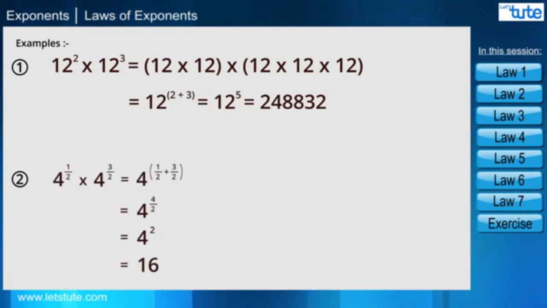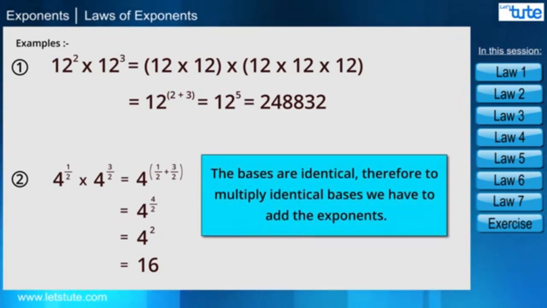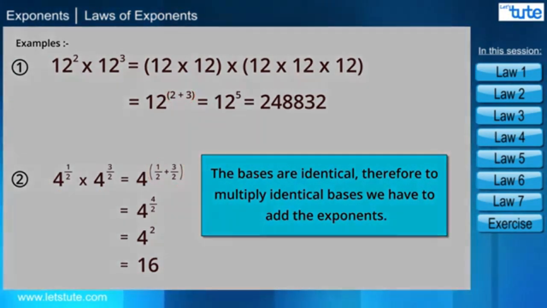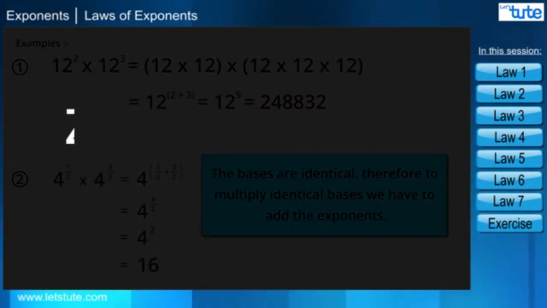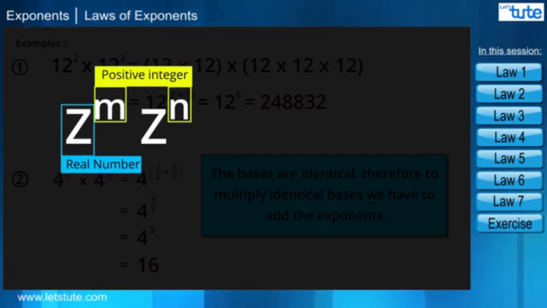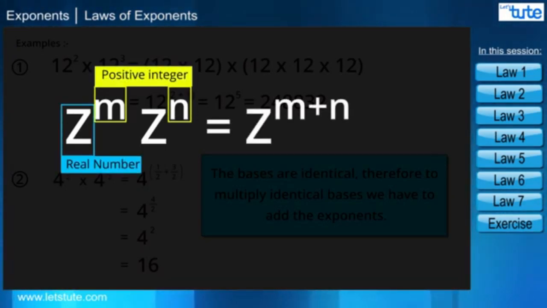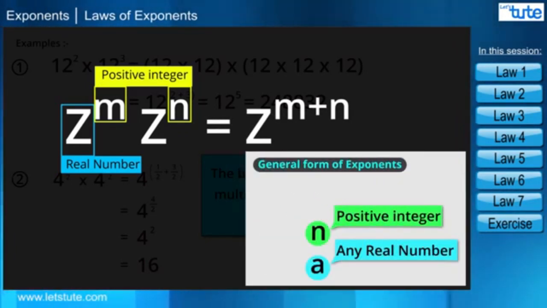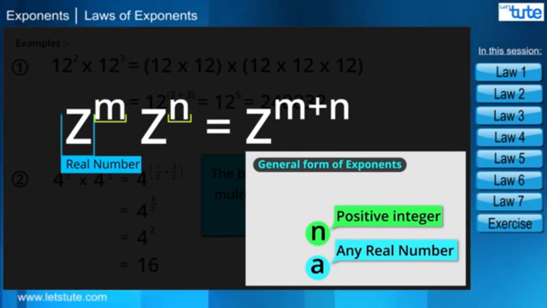Here, we can see that the bases are identical. Therefore, to multiply identical bases, we have to add the exponents. That is, for z raised to the power m into z raised to the power n, we have to multiply z for m plus n times. In the previous session, we learned that m and n can be positive integers and z can be any real number.